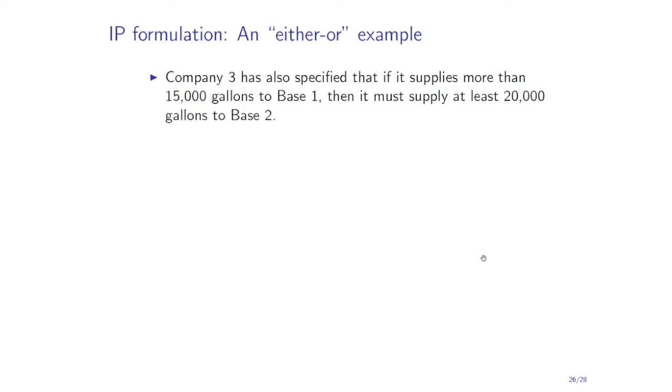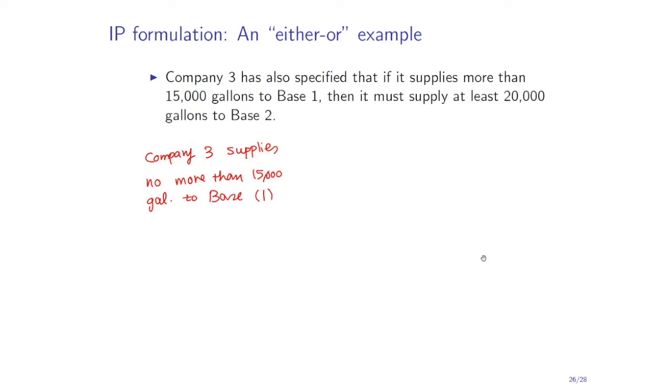Case 1, company 3 supplies no more than 15,000 gallons to base 1.